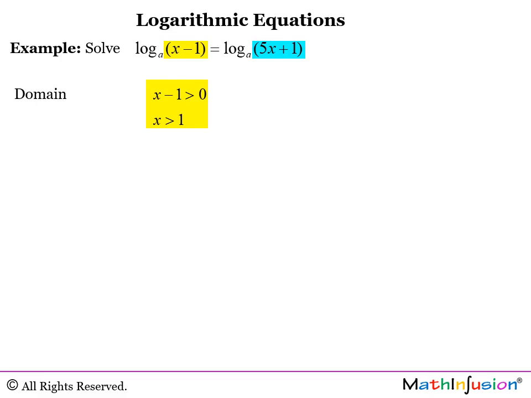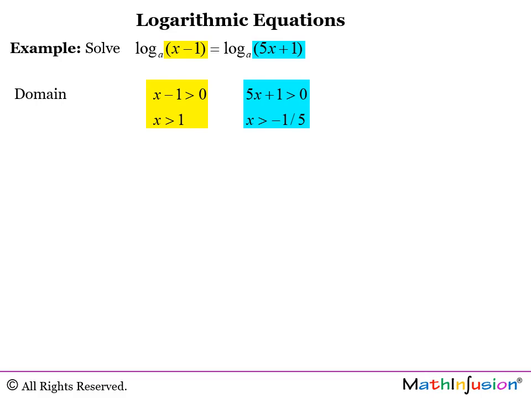We have one function on one side, which is log base a of x minus 1, so x minus 1 has to be strictly greater than 0, and x greater than 1. And here, 5x plus 1 must be greater than 0, so x must be greater than negative 1 over 5.